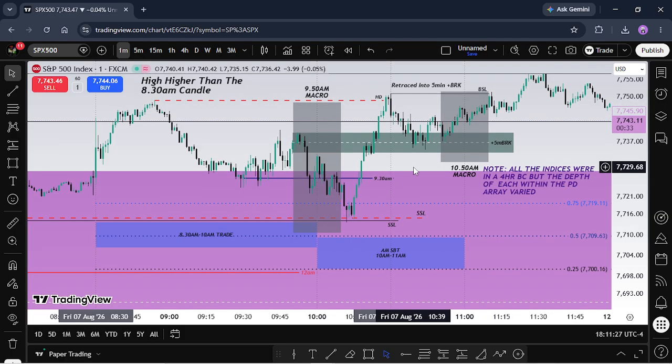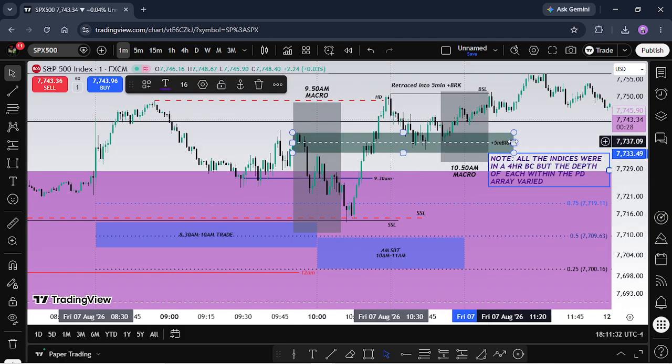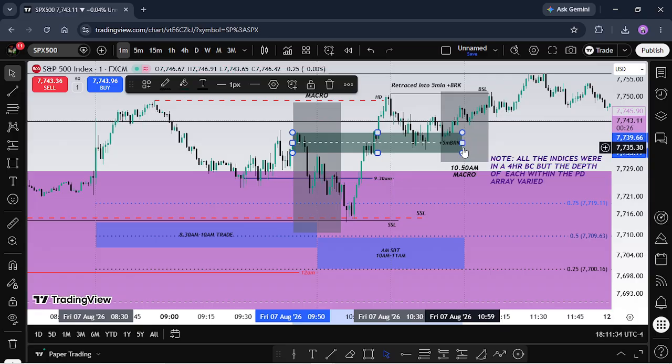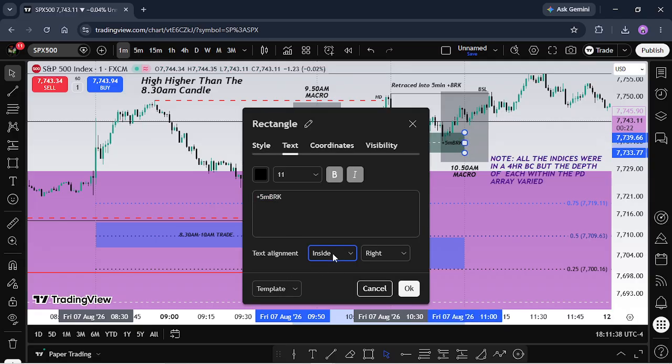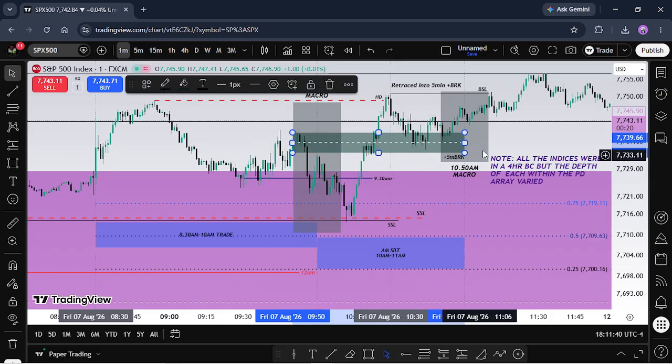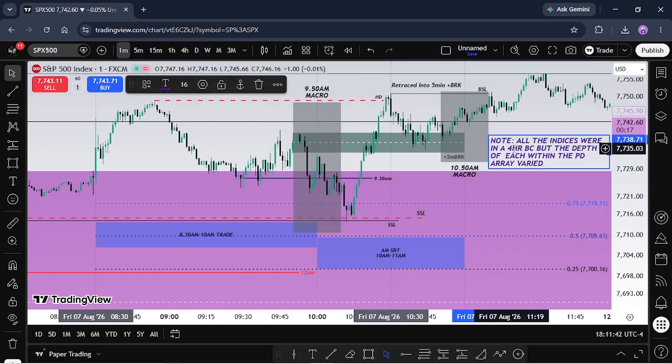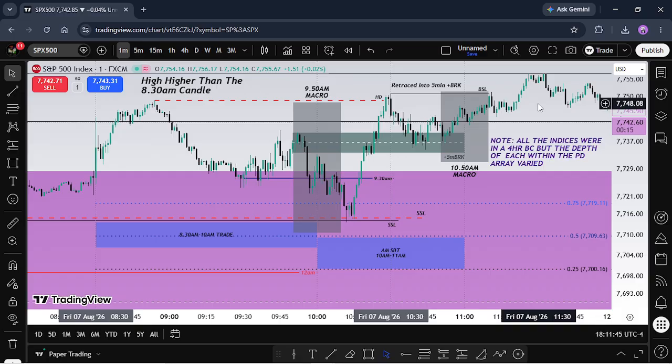Because I think I found the answer. I think the answer is this. Yeah, I personally think that's the answer. But we're gonna see. Right, let's put this down. And note all the indices were in a 4-hour BC, but the depth of each within the PD array varied.